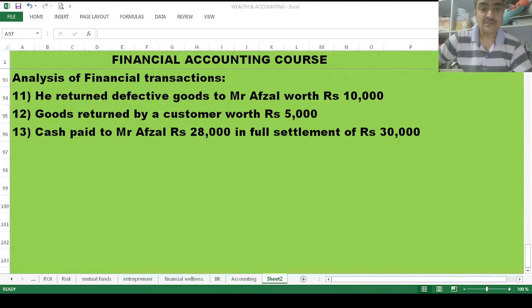And the third impact is there is an increase in discount received by rupees 2,000, which is a kind of revenue. By paying rupees 28,000 in settlement of rupees 30,000 means that the creditor is allowing us a discount of rupees 2,000. So this is an interesting transaction.